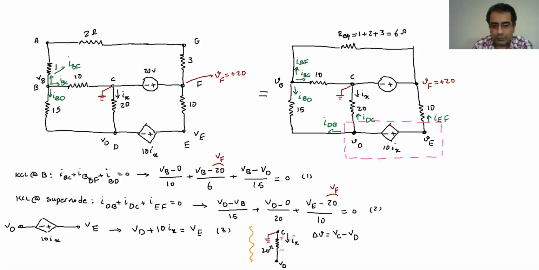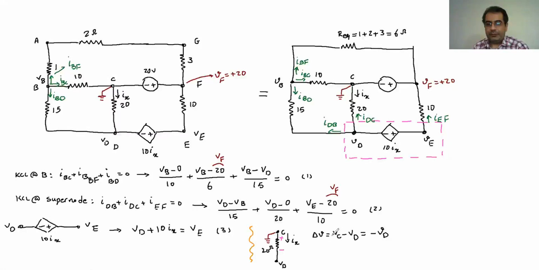And we already know the VC is 0. So the delta V is going to be negative VD, whatever it is, because the VC is 0.